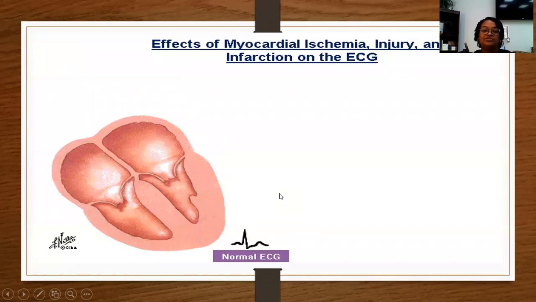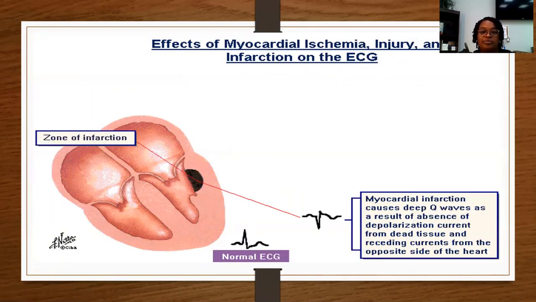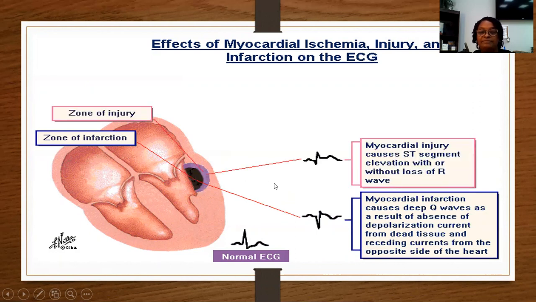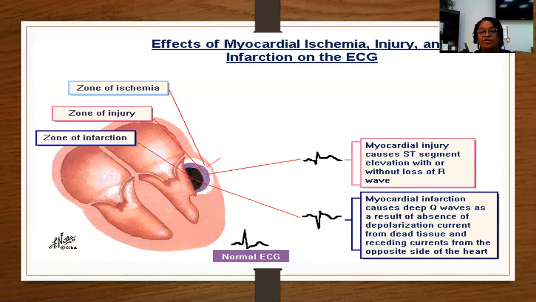Okay, watch this illustration. It's going to wipe the EKG examples of each of those areas. So here you see that significant Q wave, your area of injury, and then your area of ischemia.